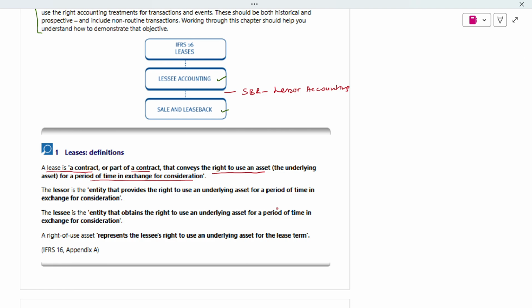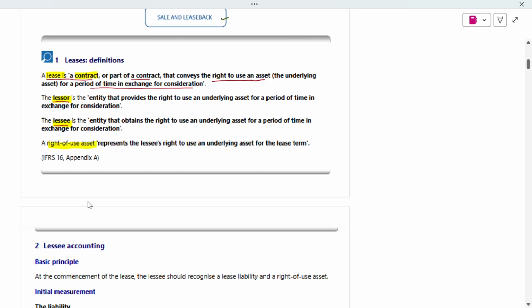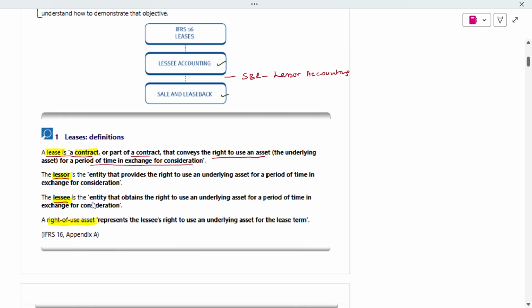There are two parties, the lessor and the lessee. There are four things we are covering here: what is the lease, who is the lessor, who is the lessee, and most important, the right of use of asset.